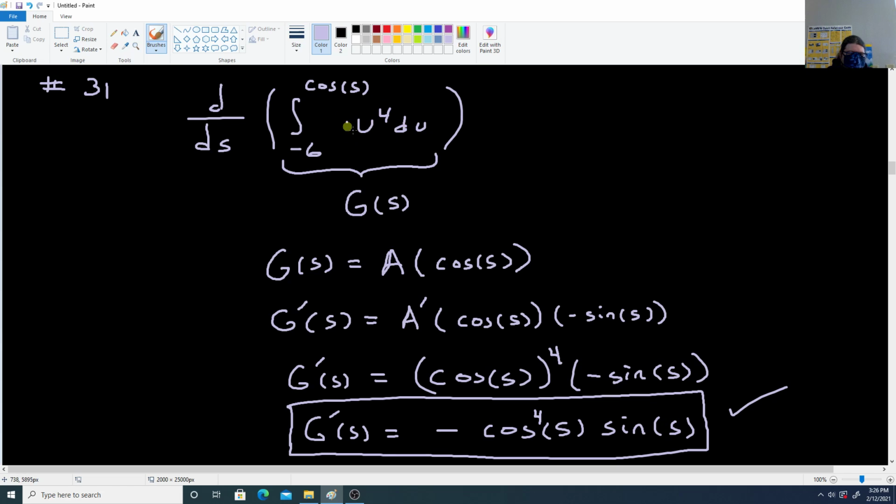But you're going to have to replace the integrand's variable with what's in parentheses here, in this case cosine of s. So instead of u to the fourth, we get cosine of s to the fourth, and then it's times the inner derivative. So we'll stop, that's the book section of this. That should be enough to get started on the 5-4 homework, and we'll record some of the AP problems based around this stuff in a little while.